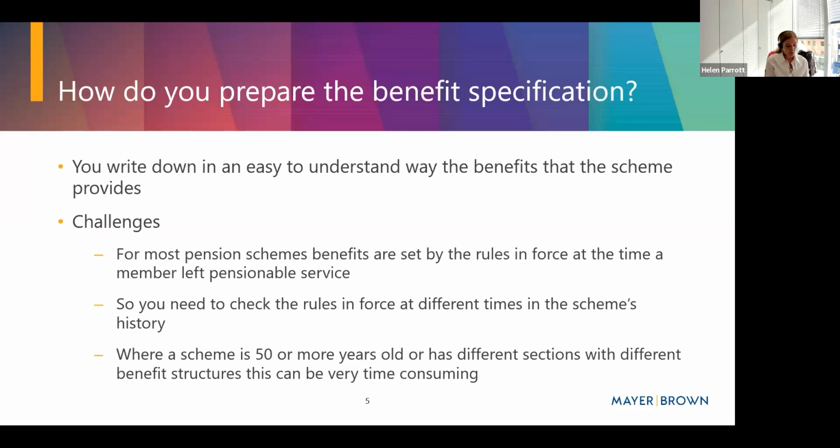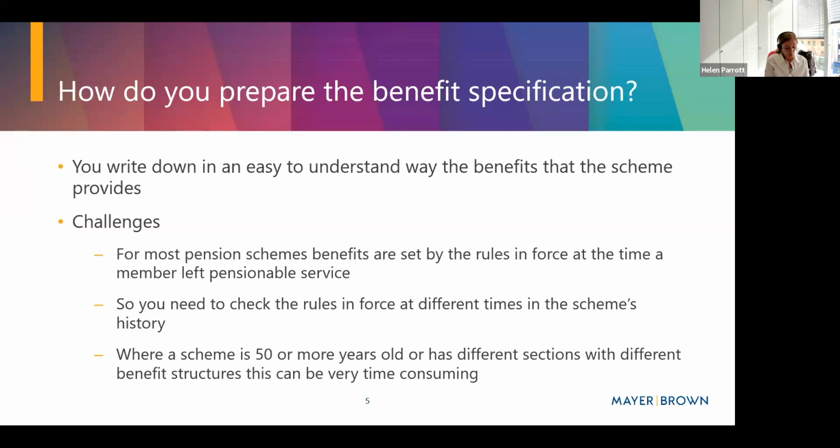So how do you go about preparing a benefit specification? Well, you basically need to write down in an easy to understand way the benefits that the scheme provides. So the main challenge here is therefore to capture what I like to refer to as the scheme rules complexities.